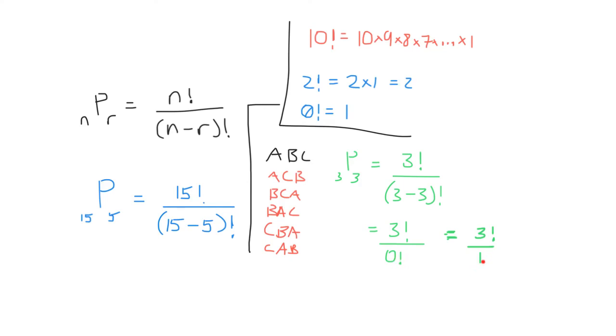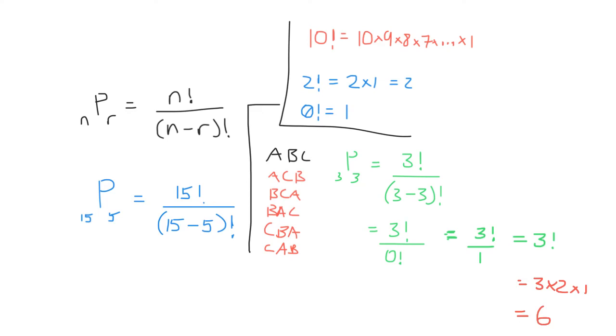So that means I can sort of dismiss this 1, if you think about it, because really every number has a 1 underneath it in the denominator. So this would give me the amount of different orderings of 3 objects taken 3 at a time. So that would be 3 times 2 times 1, and of course that is 6, okay? So that's a quick lesson on permutations.